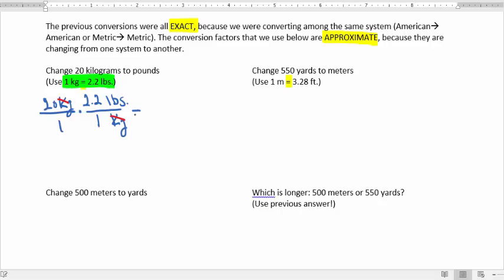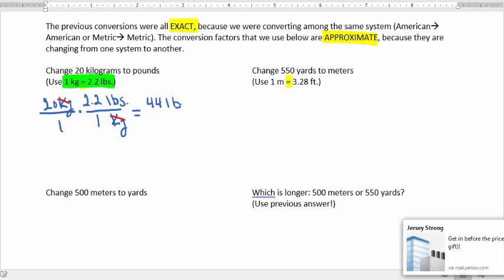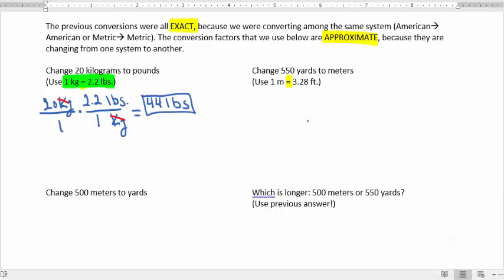So we're just going to multiply 20 times 2.2, and that's going to actually be 44 pounds. So 20 kilograms is actually 44 pounds.